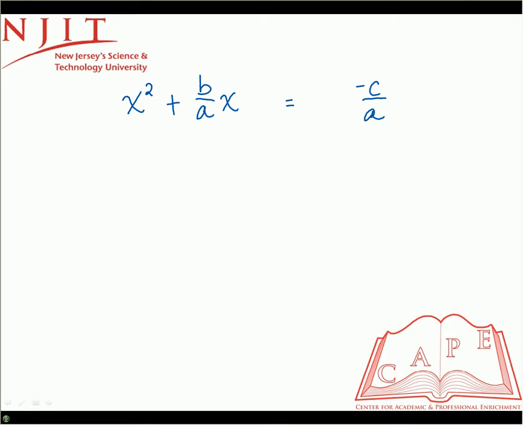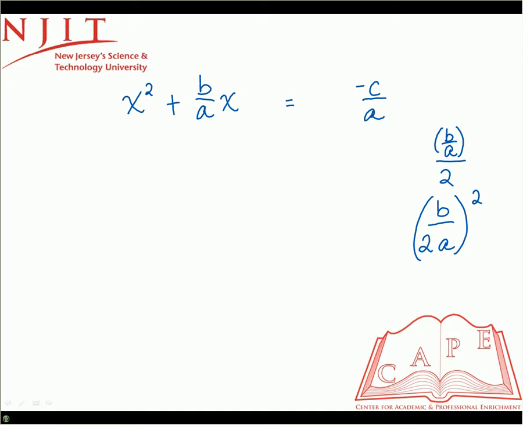Since this is with variables, I'll do it on the side so that you can follow along. So we have b over a divided by 2, which can be rewritten as b over 2a, correct? And then we're going to square it.